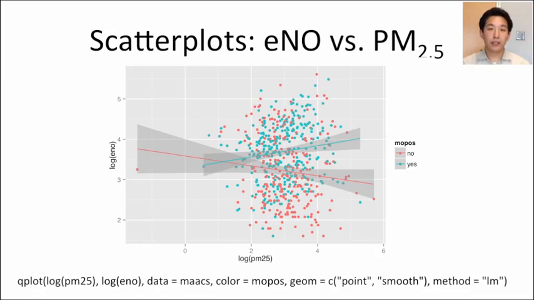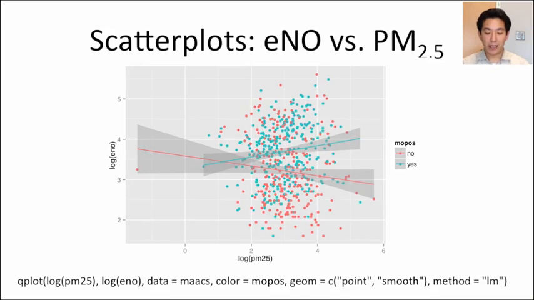One of the things you can do is to smooth the relationship between log PM2.5 and log ENO, and I want to look at how this relationship is different in the 2 groups. So I set the geom to be a point and a smooth, and rather than use loess, I'm just going to say I want to use a standard linear regression model. So I say method equals lm.